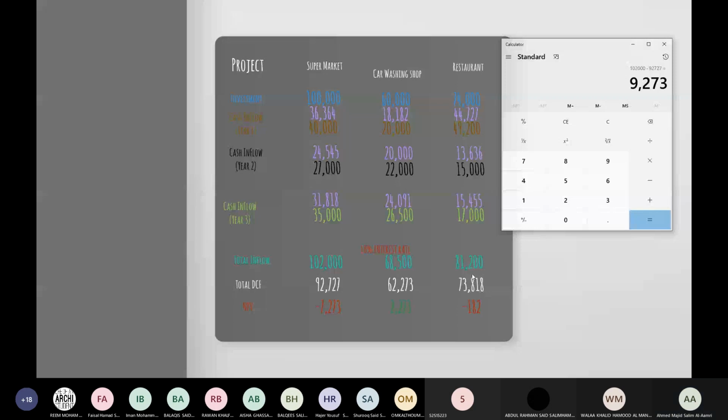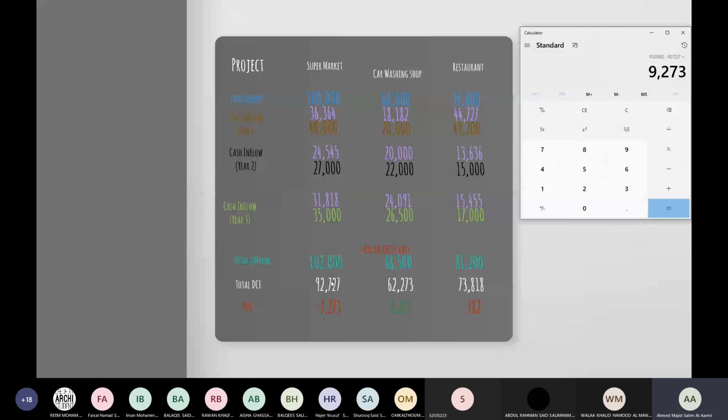Anyhow, for you to say which project is going to be good, it is going to be the project which has a higher net present value, by deducting these two values.